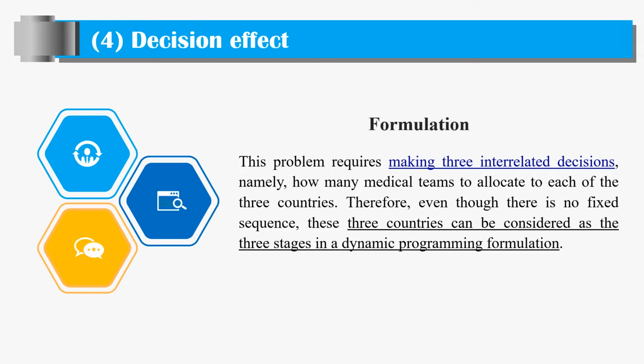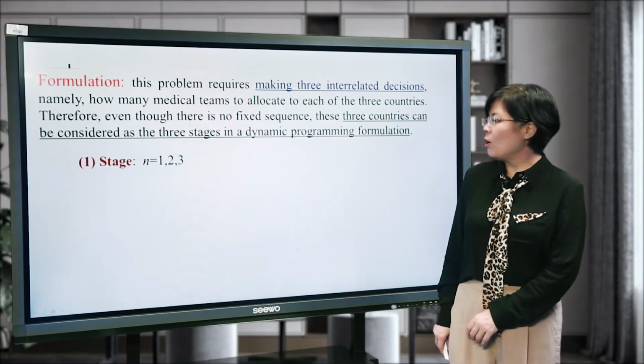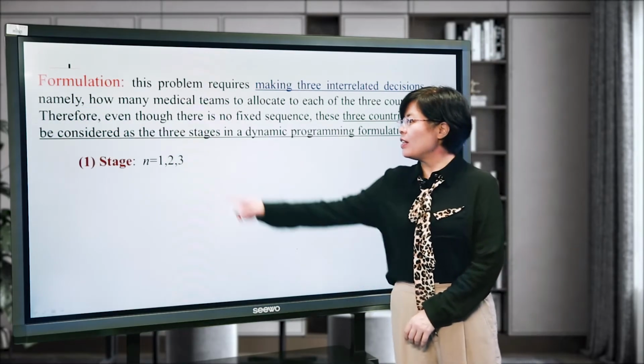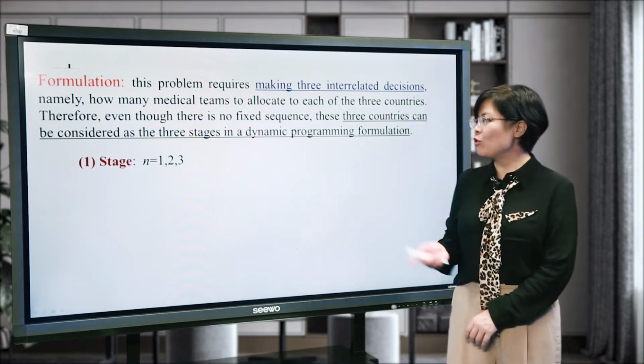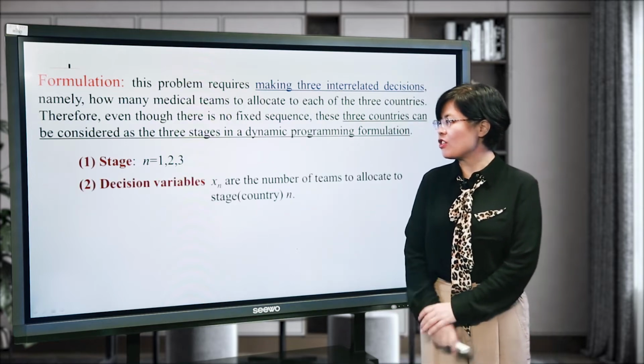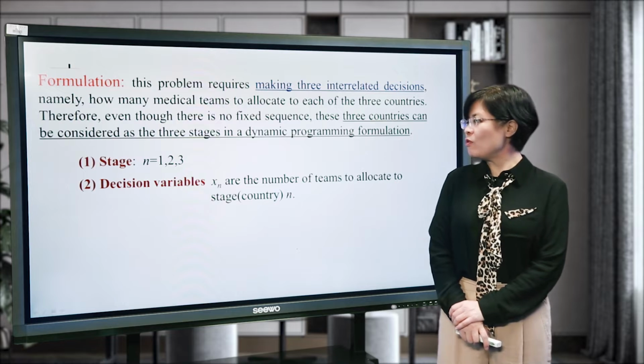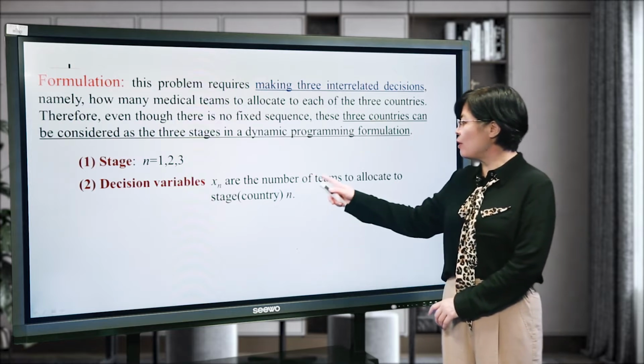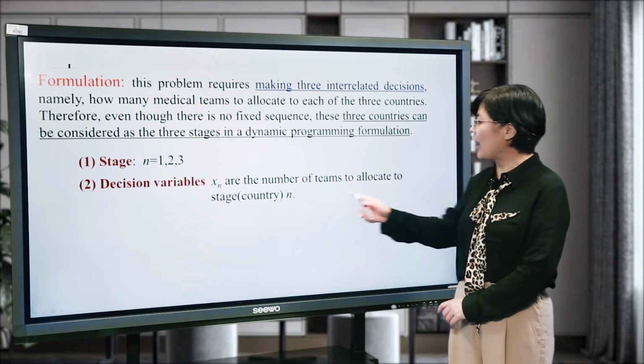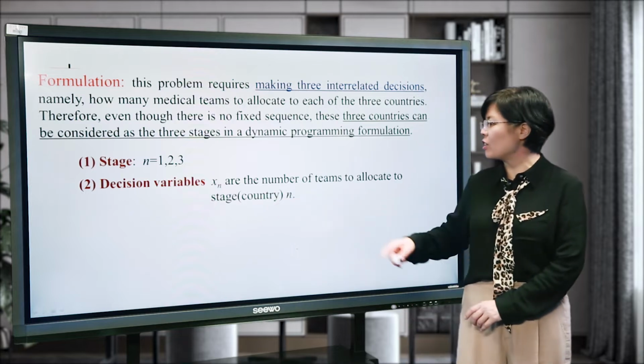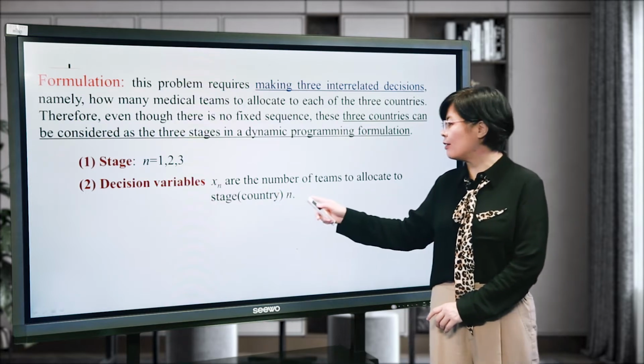Even though there is no fixed sequence, these 3 countries can be considered as the 3 stages in the dynamic programming formulation. So with stage n equal to 1, 2, 3, there are 3 stages. And the decision variables are the number of teams to be allocated to stage, meaning country, n.